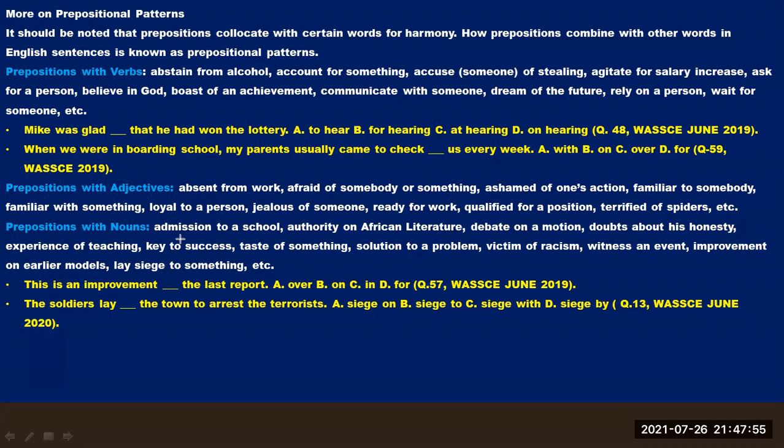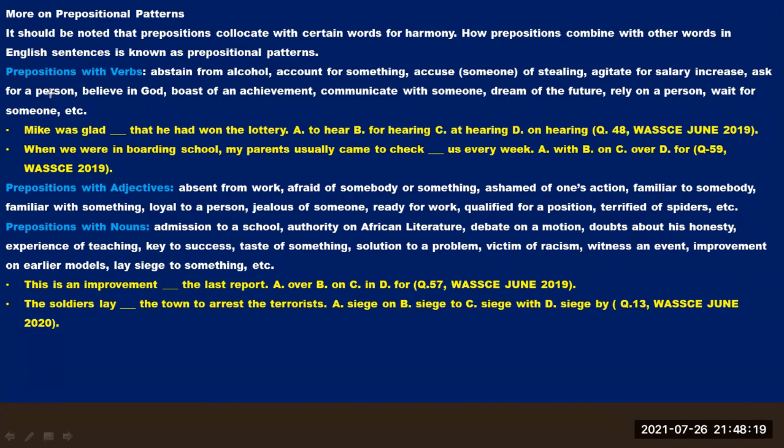Collocation is a grammatical concept that is used to refer to a group of two or more words that are frequently used together. All right? And certain prepositions are frequently used with certain verbs or certain adjectives or certain nouns.